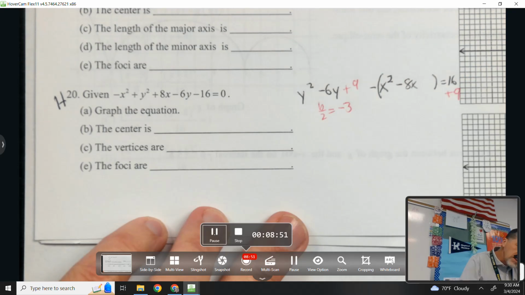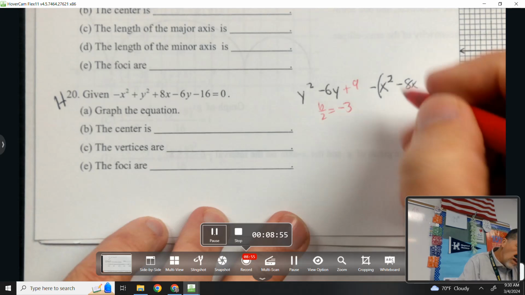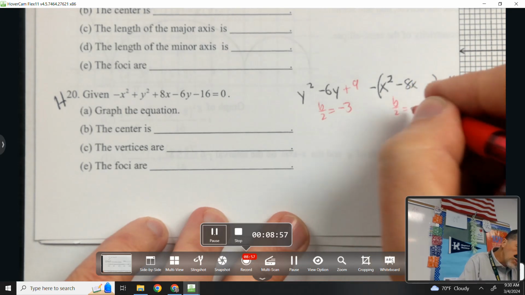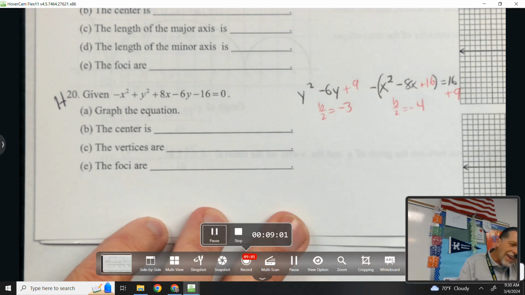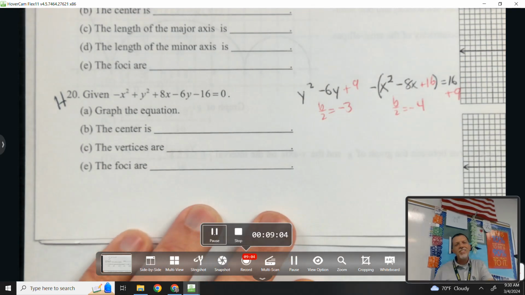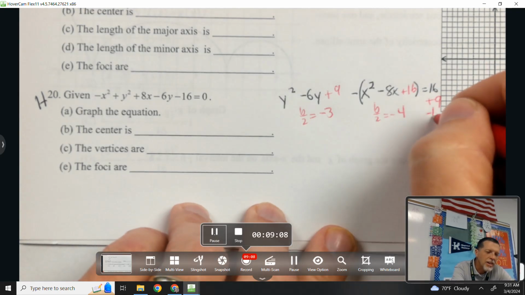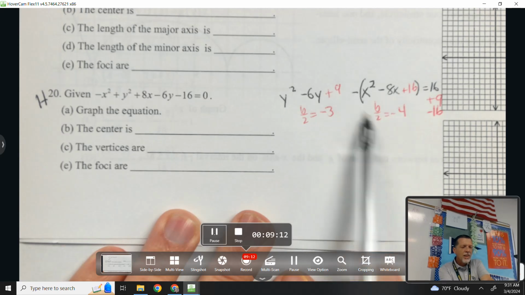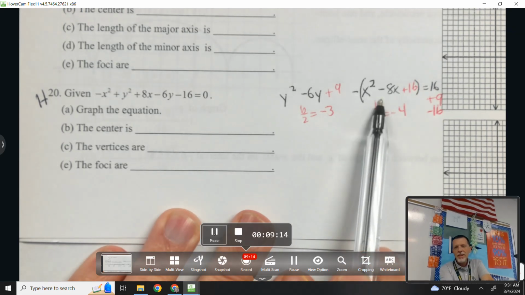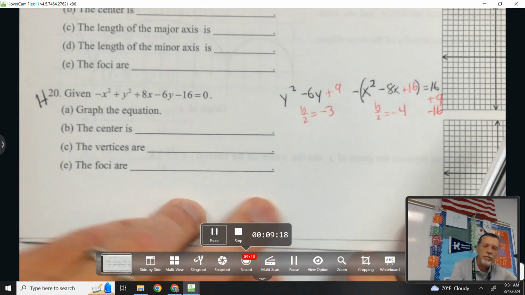Add 9 to both sides. b over 2 is negative 4. I almost said add 16 to both sides. That's not quite right. Subtract 16 from the other side because of that minus sign out front. So plus 16 completes the square. That's the reason we were doing this. But because of the minus sign out front, we really need to subtract 16 from the other side.